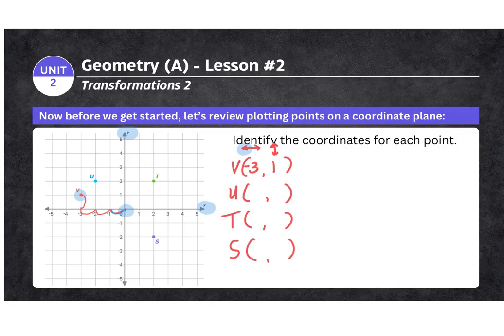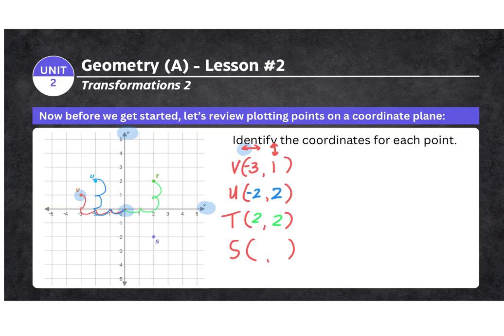U, same thing, we go -2 in the x direction, +2 in the y direction. T, we go +2 in the x direction, +2 in the y.